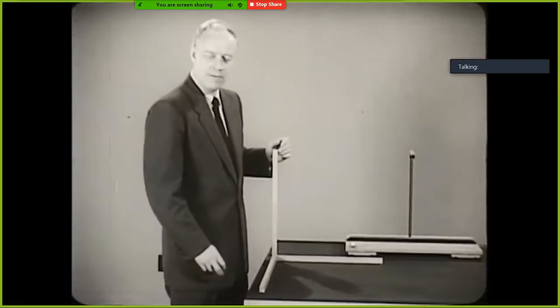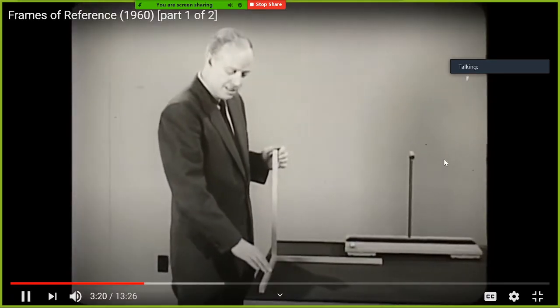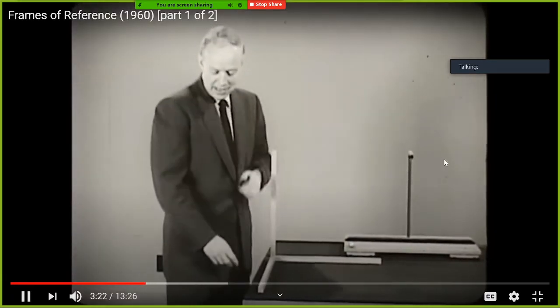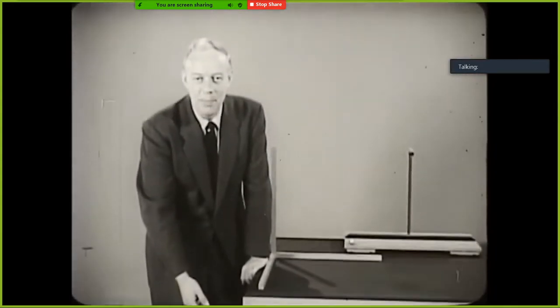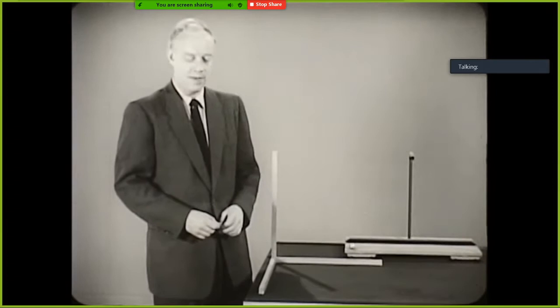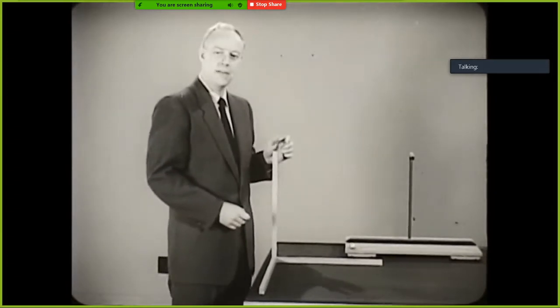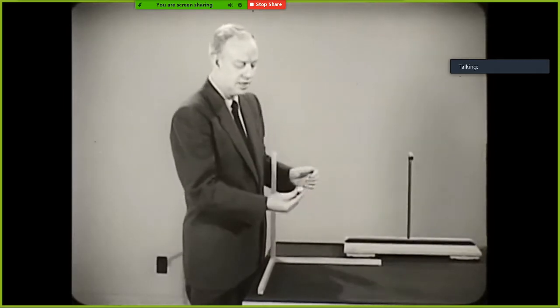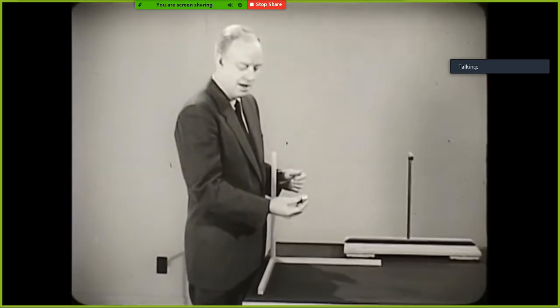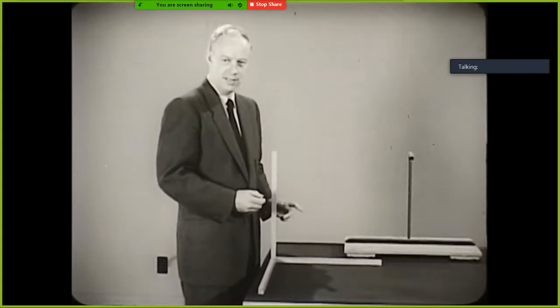This is the frame of reference that you're used to. The frame is fastened to the table. The table is bolted to the floor, is anchored in the building, and the building is firmly attached to the earth. Of course, the reason for having 3 rods is the position of any object, such as this ball, can be specified using these 3 reference lines.